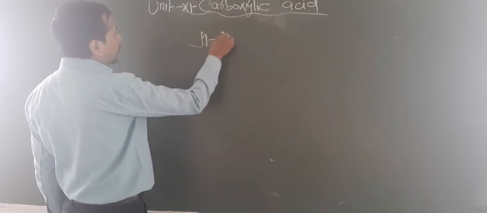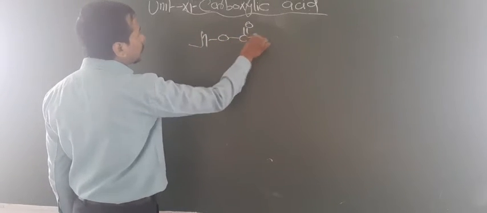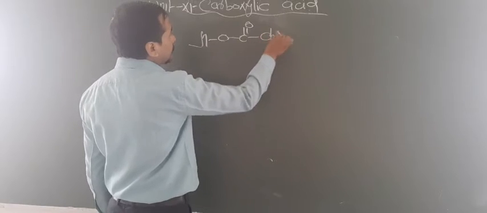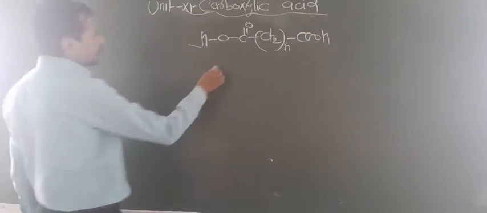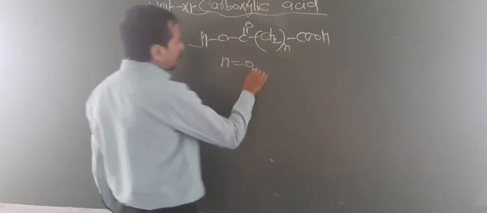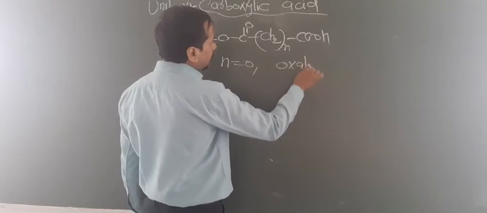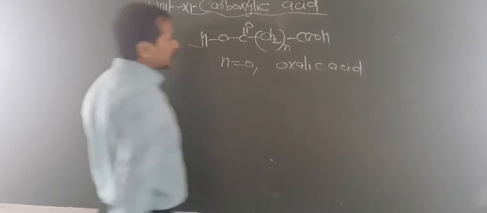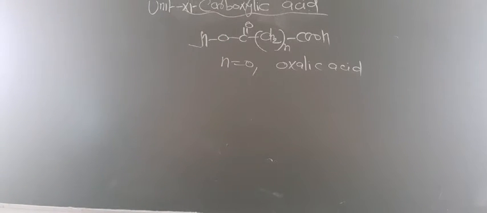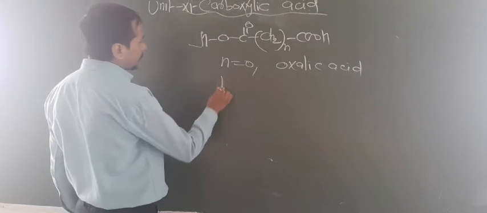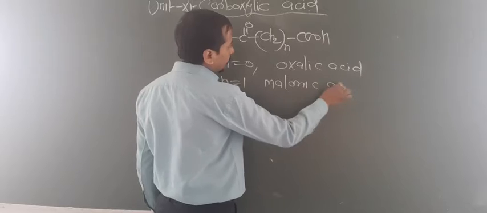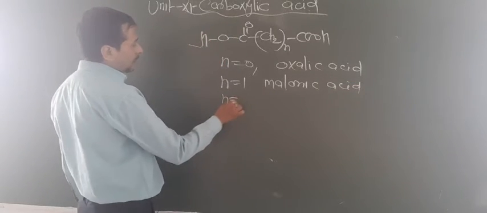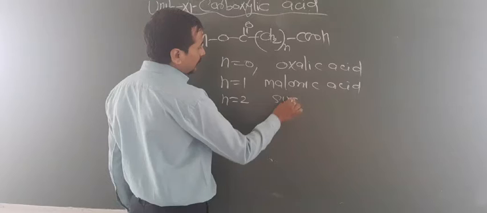In general you can write it like this: HOOC, CH2 n, COOH. Okay, dear students, if n equals 0, this is known as oxalic acid. If n equals 1, this is known as malonic acid. If n equals 2, this is known as succinic acid.